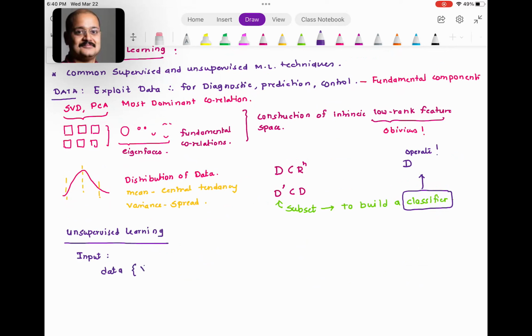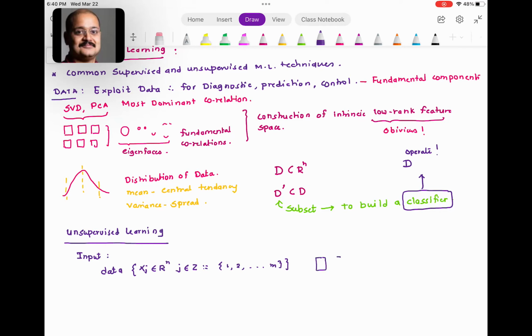This data is given by X_j that belongs to R to the power N, where j is inside the natural numbers, running from 1 all the way to M. So this mathematical notation indicates that essentially you have data.